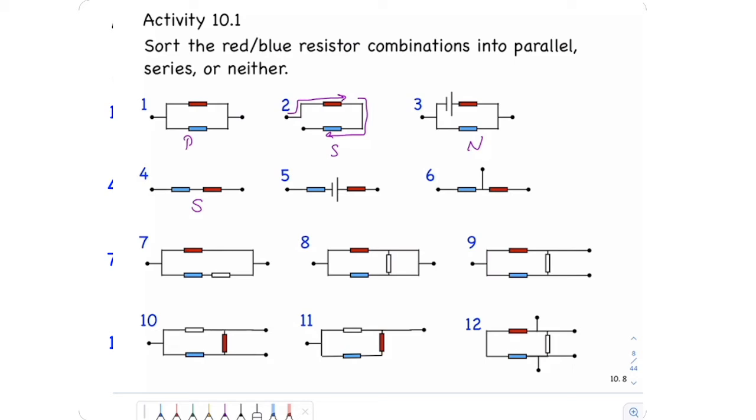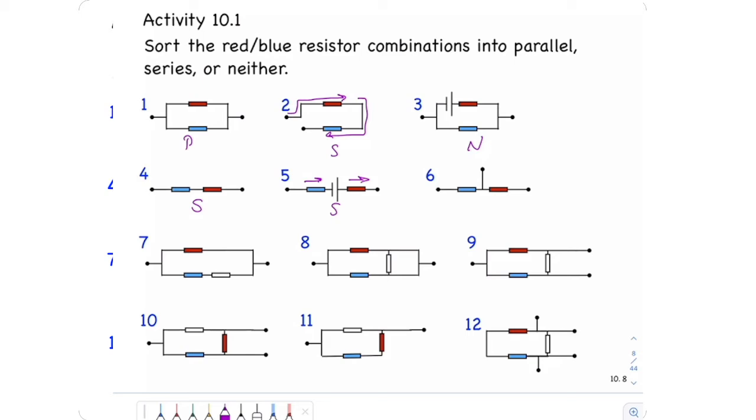It does. So these are in series. Even though there's this voltage source between them, that doesn't change the fact that the current through one equals the current through the other. Okay, voltage sources don't give the current anywhere to go. They just take the current in one side and send it out the other side at a higher voltage.